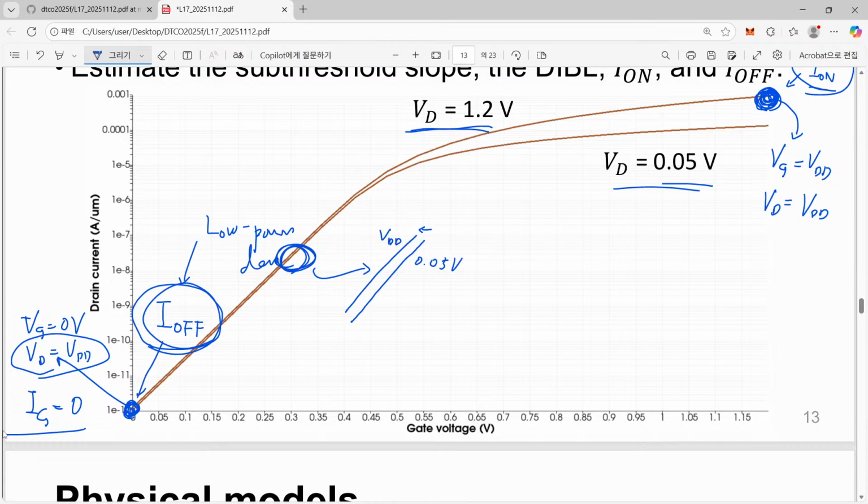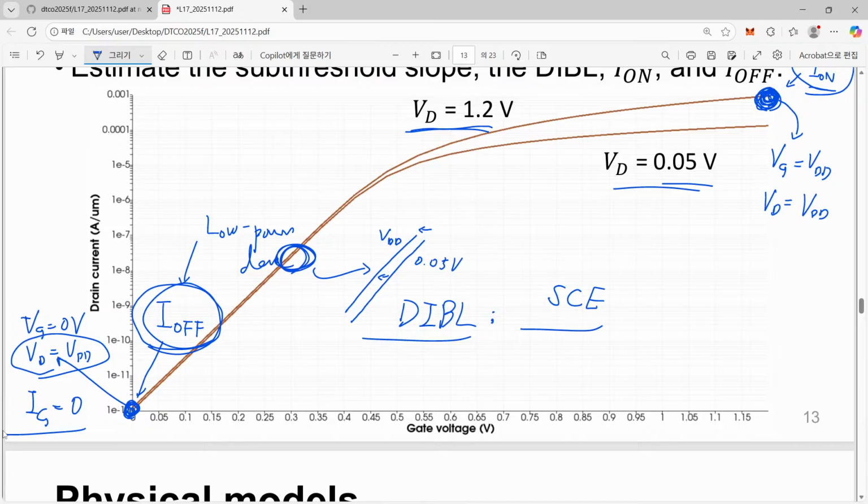This happens because it is the same device, so there is no change in its device structure, only increasing drain voltage, and now the threshold voltage of this transistor is reduced. This is a very undesirable phenomenon, and actually this DIBL is the most important quantity we have to be careful about when we talk about short channel effect.